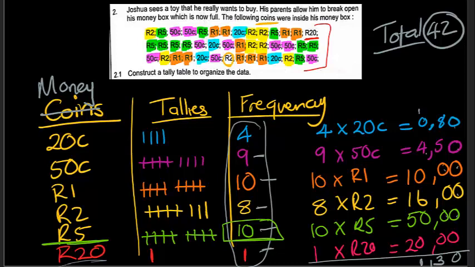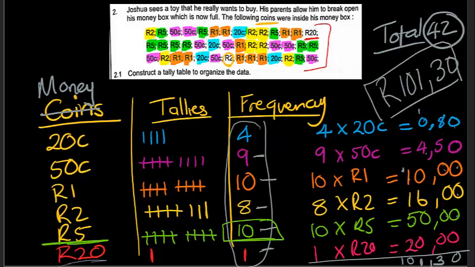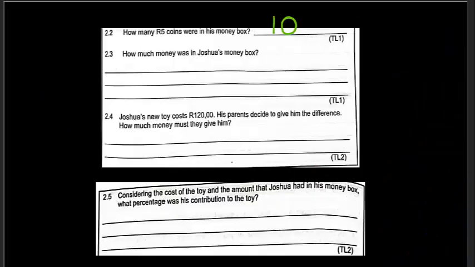So 1 carry 1 over. 5 plus 2 is 7, 8, 9, 10. And so the total amount of money that we have in the money box is 101 Rand and 30 cents. That is as much money as he has saved. So we can answer the question, how much money was in the money box? And the answer to that is 101 Rand and 30 cents.